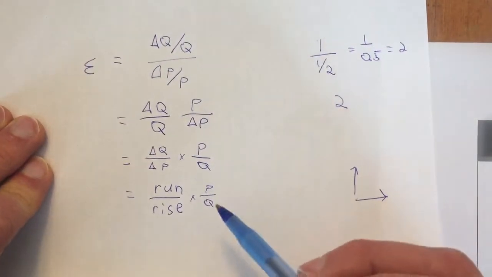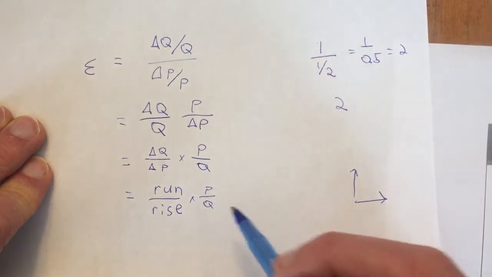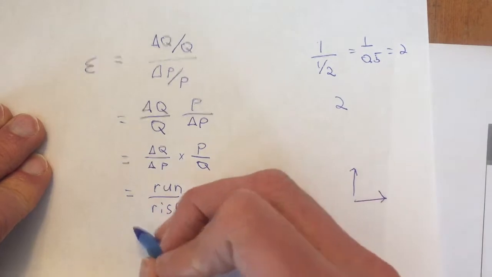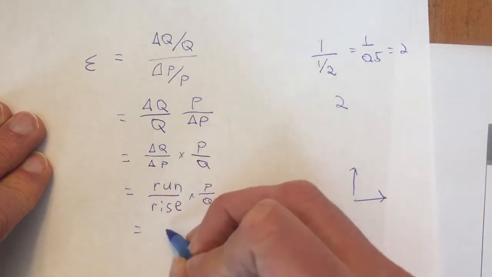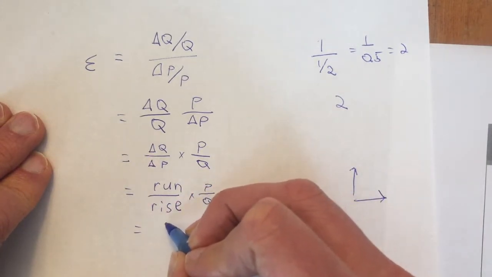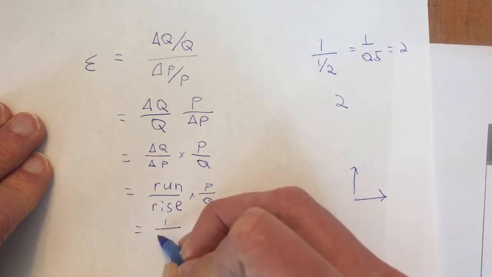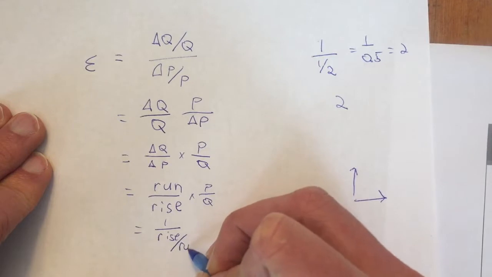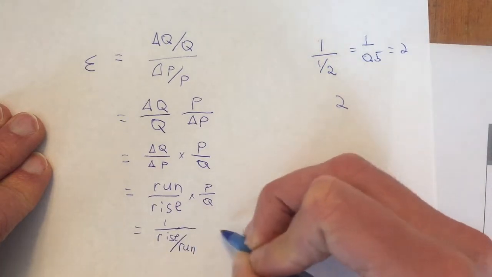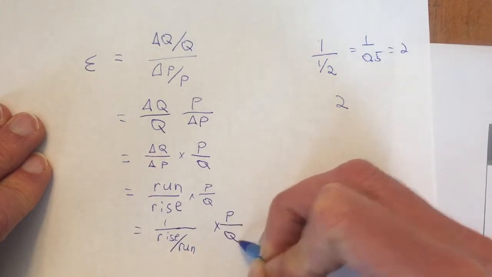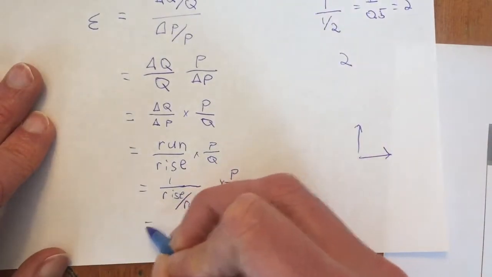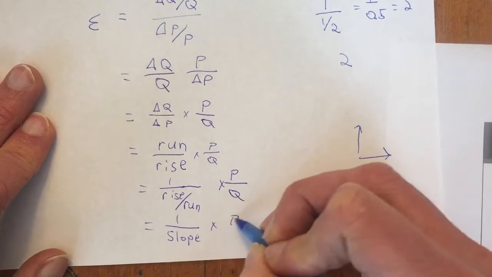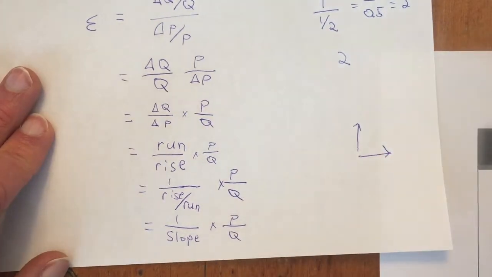But you'll remember that slope is the rise over run, but we have run over rise, so if we invert that, that's the same as 1 over rise over run, times P over Q, which is equal to 1 over the slope times price over quantity.